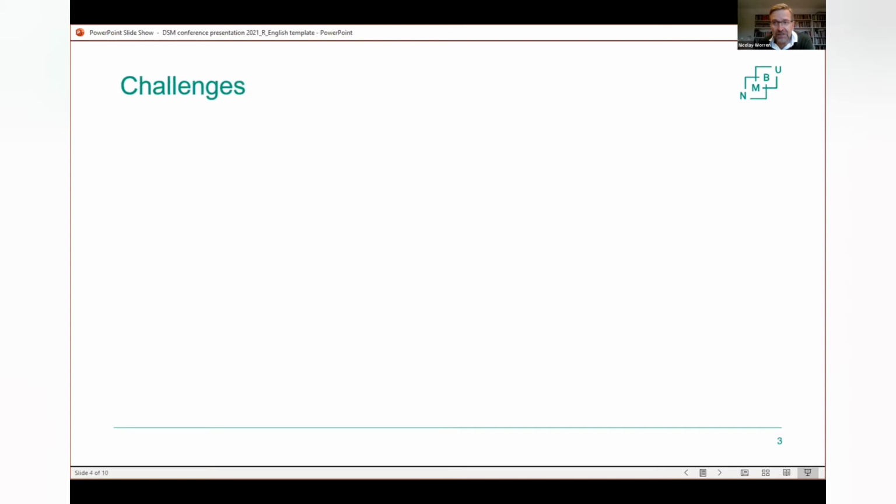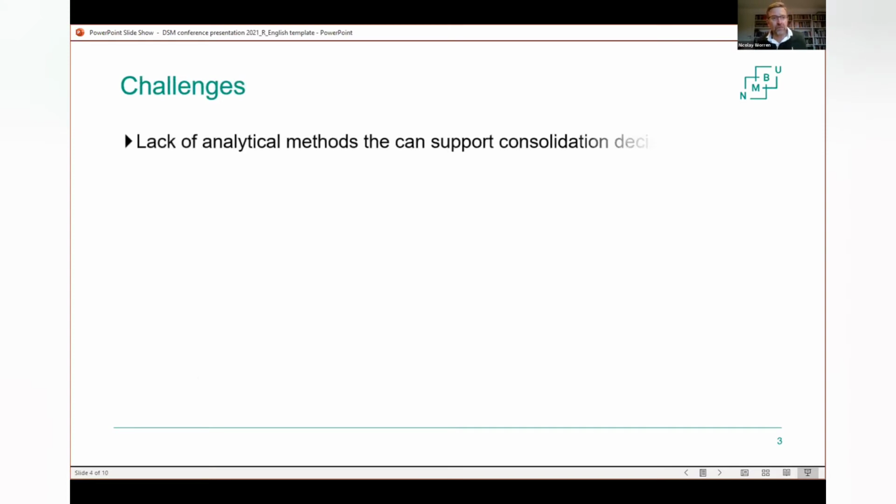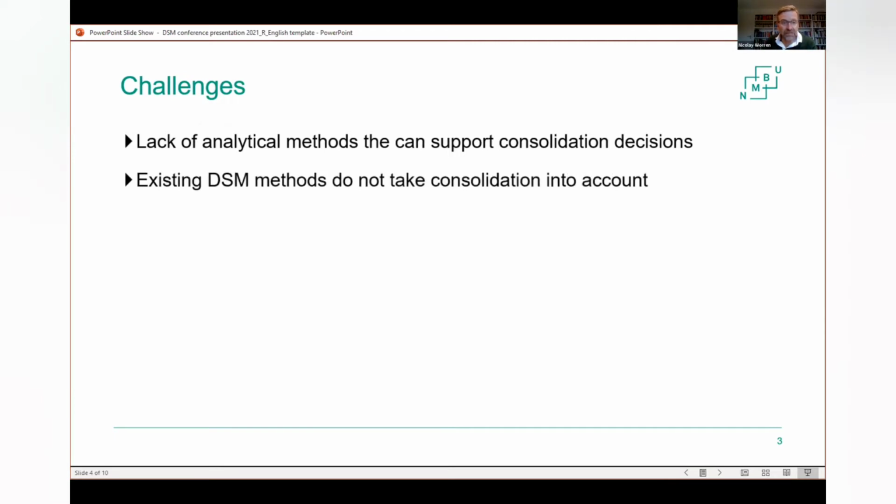However, from a DSM perspective, there are at least 2 challenges related to this. One is that we have not been able to find any analytical methods that can support these kinds of consolidation decisions. Existing DSM methods simply do not take into account this issue of consolidation.